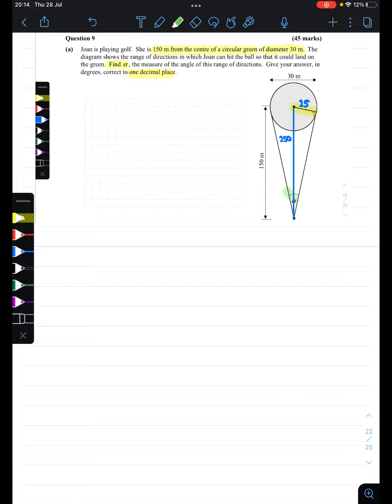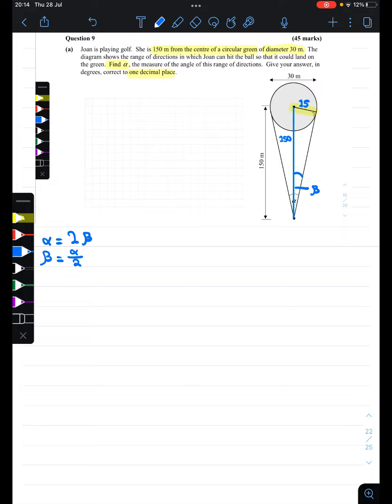So let's call this angle beta. And so alpha equals 2 beta, or beta equals alpha over 2. So if we could find beta, that would be very useful.